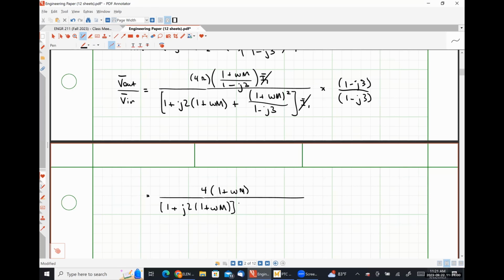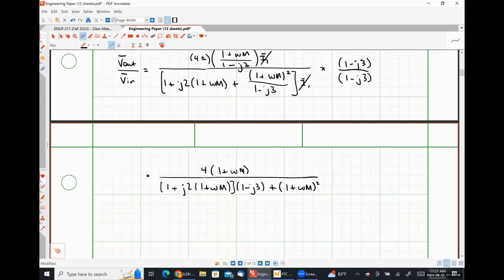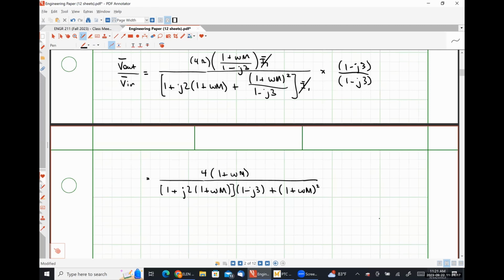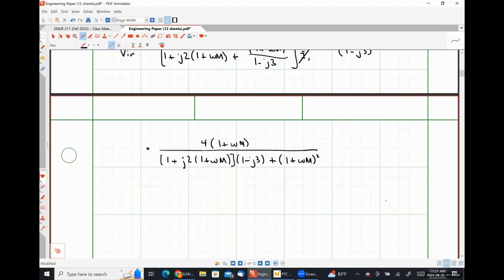This quantity will be multiplied by 1 minus j3, plus 1 plus omega m squared. And now I'm going to have to expand out the left-hand term in my denominator. So I'm just multiplying this by this 1 minus j3. And so let's see what that's going to do for me.